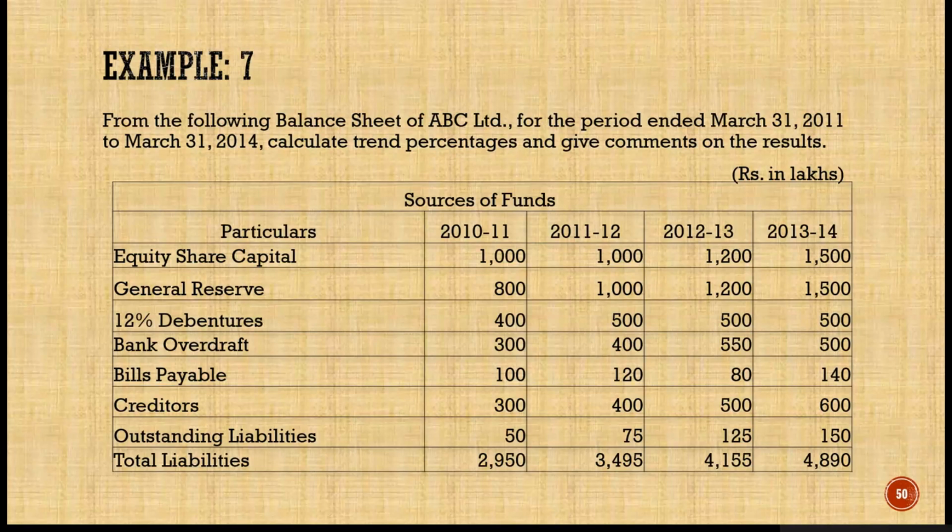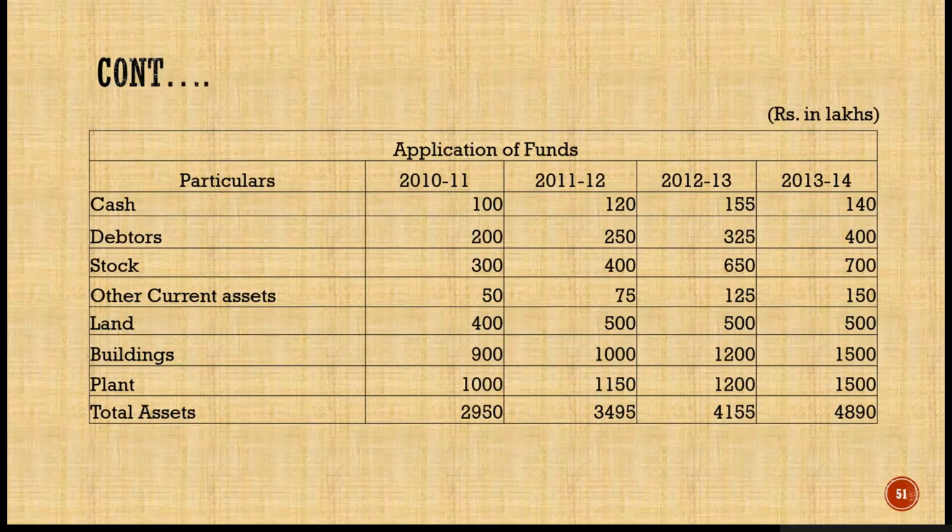Now the next is application of funds. In particular, you can see cash, debtors, stock, other current assets, land, building, plant, and total assets. And the figures concerned to each account are presented for the 4 years.